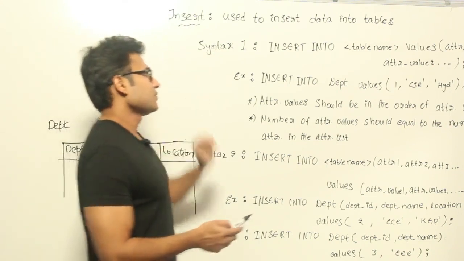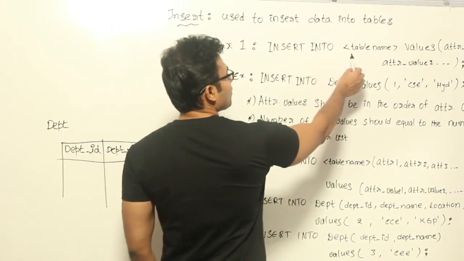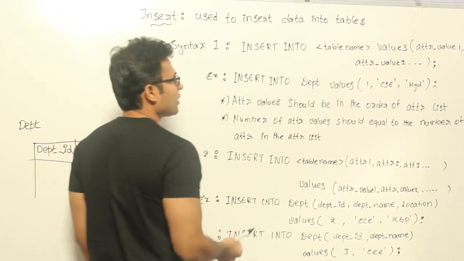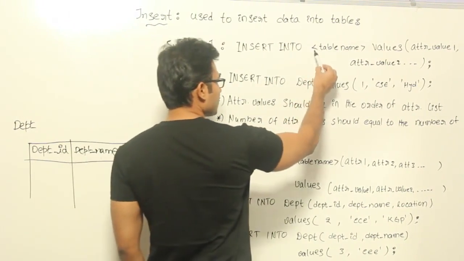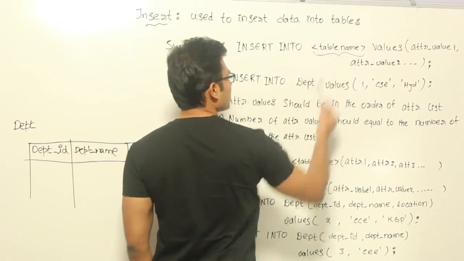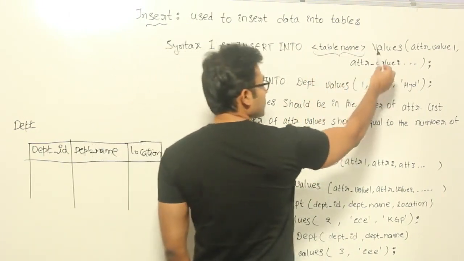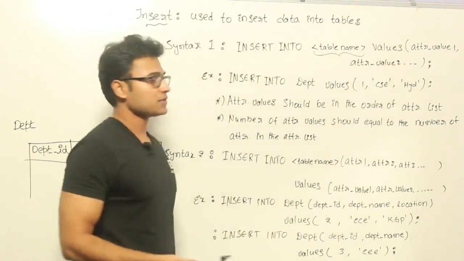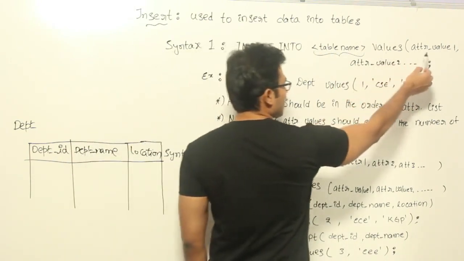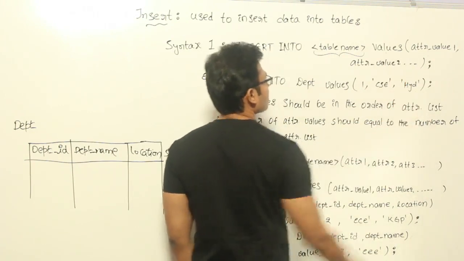Now this is syntax 1. Insert into table name. Whatever table you want to insert this row in, you have to write the table name, and you have to specify the values of the attributes: values attribute 1, attribute 2, and so on.